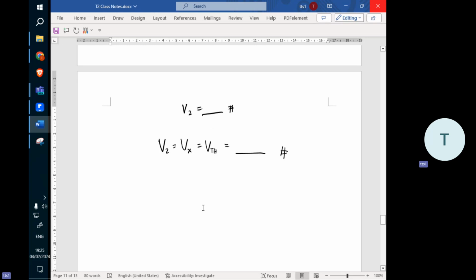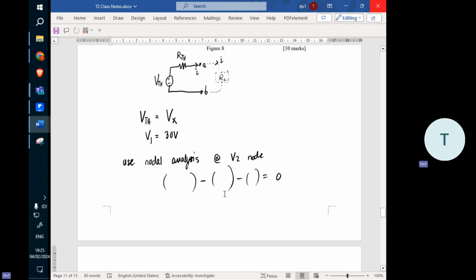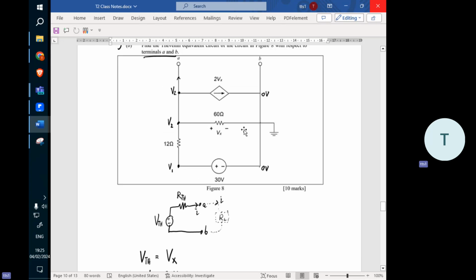So for this one, to find RTH, our next task, first you use nodal analysis again, since it's appropriate for this circuit. Use nodal analysis at node V1. Previously it was node V2, right? Now you do the nodal analysis at node V1.